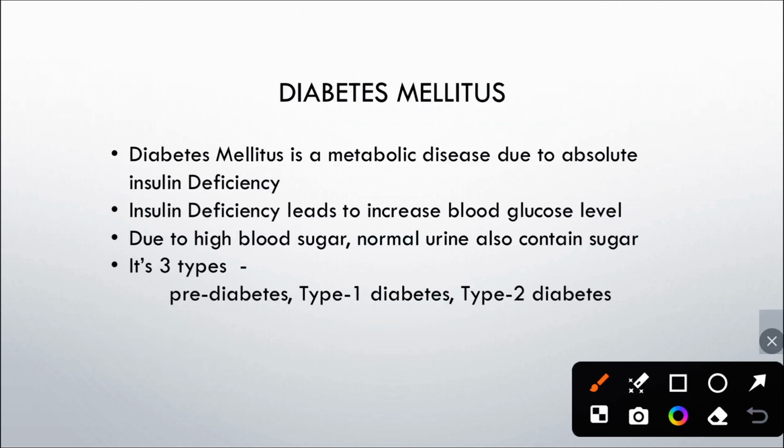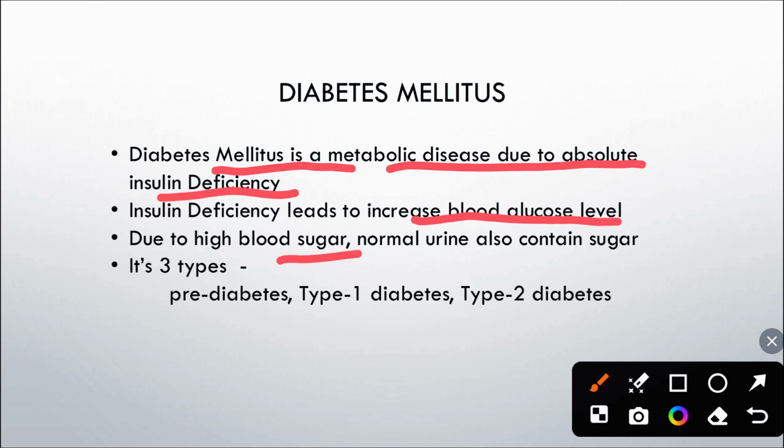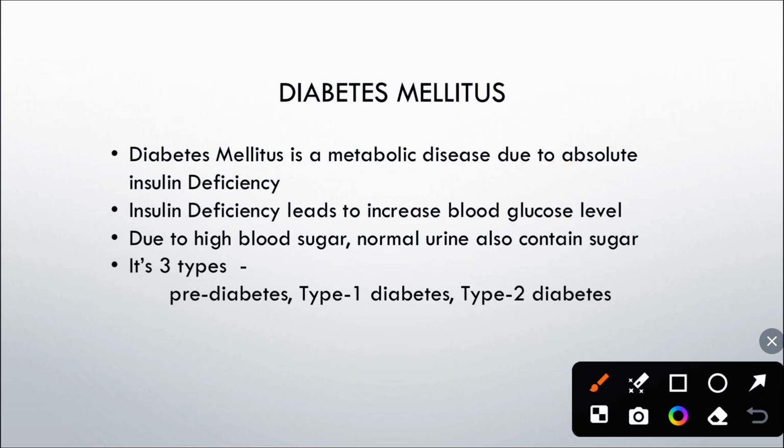Then diabetes mellitus. Diabetes mellitus is a metabolic disease due to absolute or relative insulin deficiency. Insulin deficiency leads to an increase in the blood glucose level. Due to high blood sugar, the urine also contains sugar. It's a metabolic disease of three types: pre-diabetes, type 1 diabetes, and type 2 diabetes.